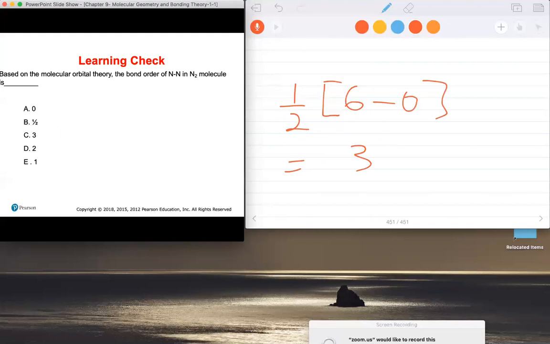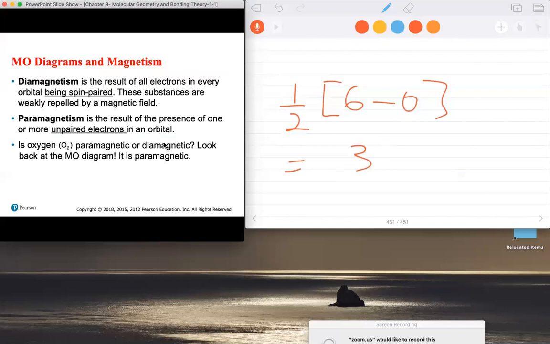Bond order is half of the number of bonding electrons minus the number of antibonding electrons. Bonding electrons are those electrons with no star on the molecular orbital. Antibonding electrons are those electrons residing on the orbitals with a star, with an asterisk. And plugging in the equation, you end up with that. And the bond order is 0. Any question?